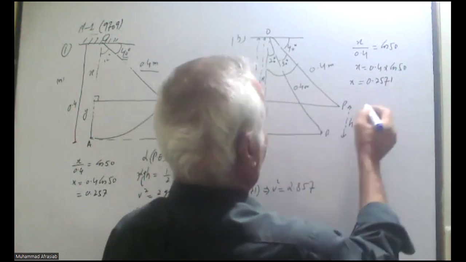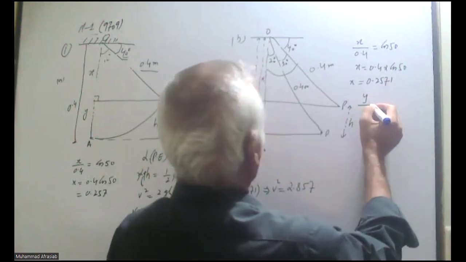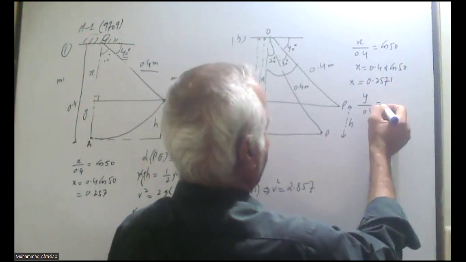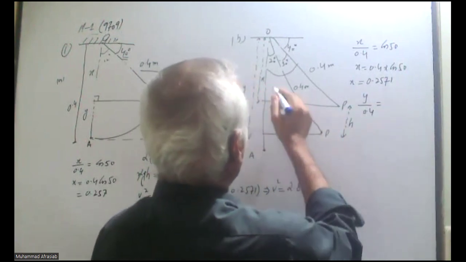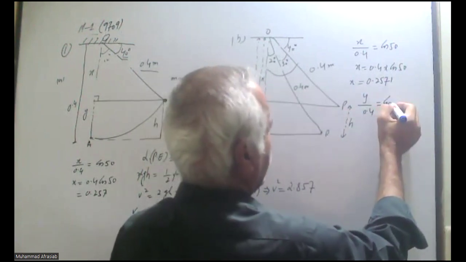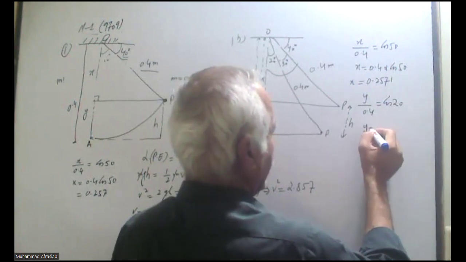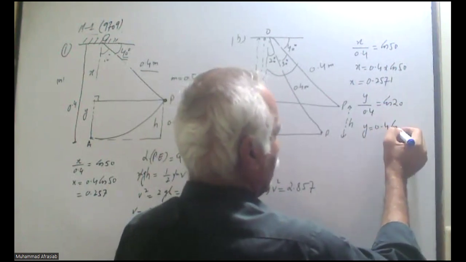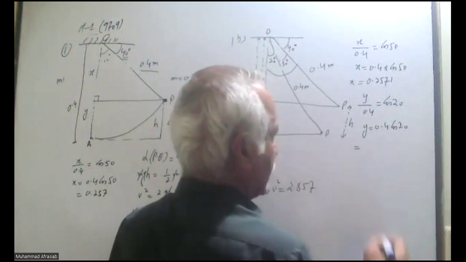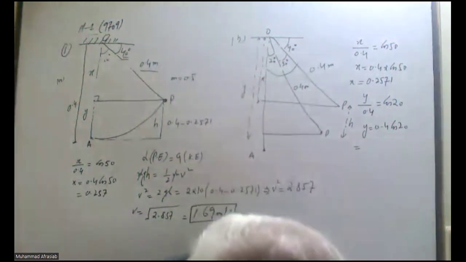And y over 0.4 is equal to cos of 20, or y is equal to 0.4 cos of 20, or that thing is equal to 0.358.